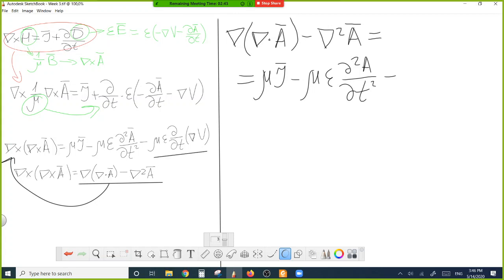Here also we change the operator nabla and the time derivative, and we get gradient of mu epsilon of dV over dt.